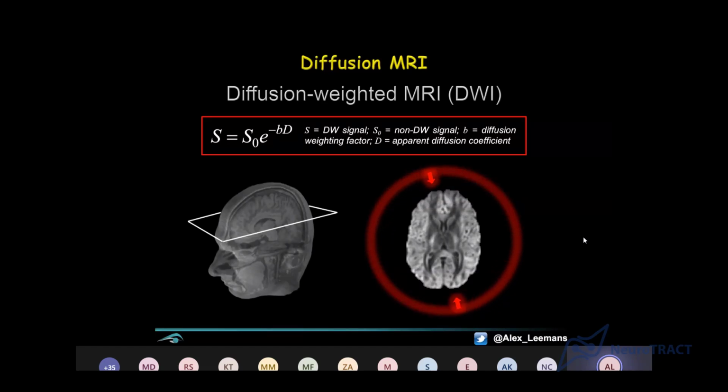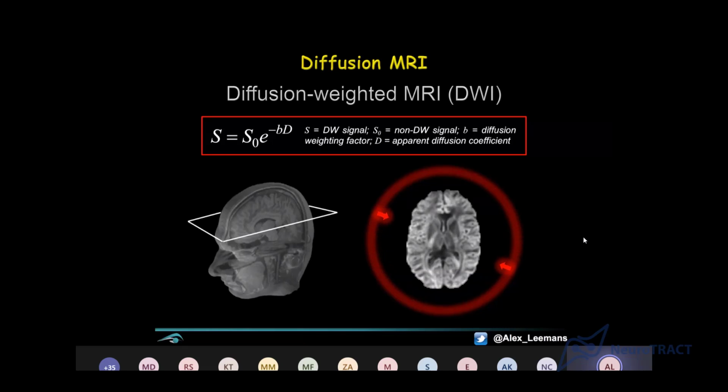Well, e to the minus bd is always smaller than 1, so you would be looking at signal decay. That makes sense, because remember, if you have more diffusion, the signal would be lower. So the diffusion weighted signal should always be lower than the non-diffusion weighted signal.